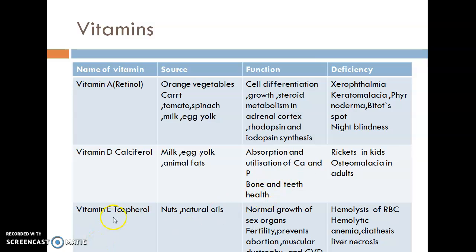Then vitamin E, which is also called tocopherol, T-O-C-O-P-H-E-R-O-L. Vitamin E is abundant in natural oils, green tea, and nuts like cashew nuts, almonds, etc. It is very essential for normal growth.